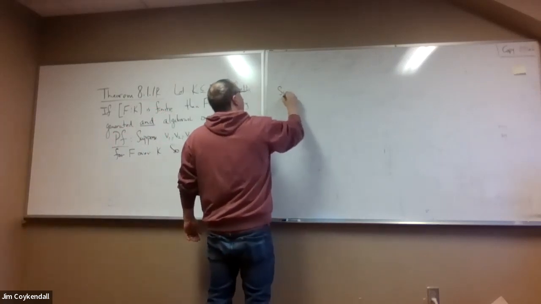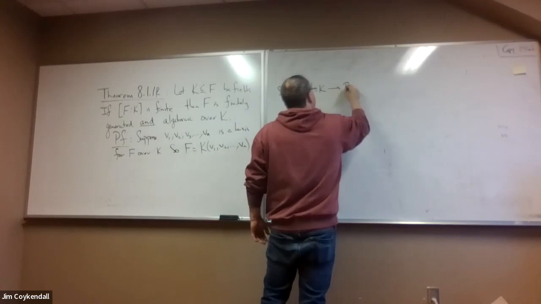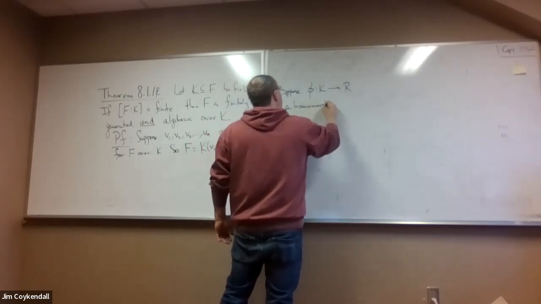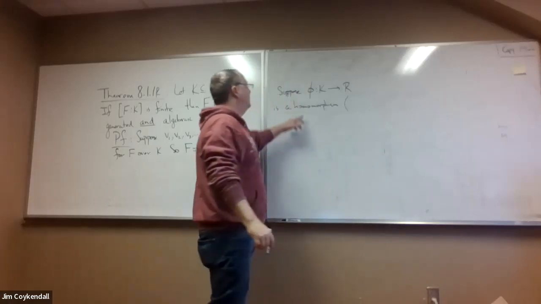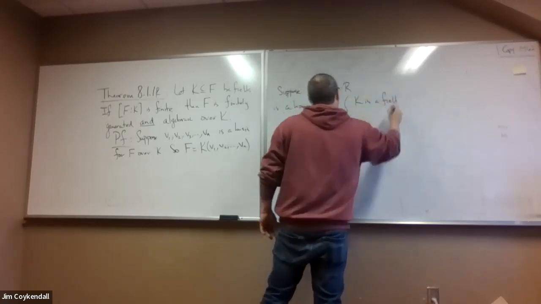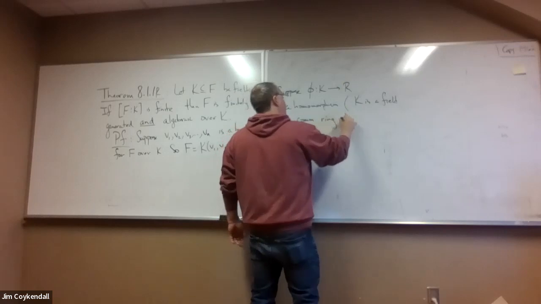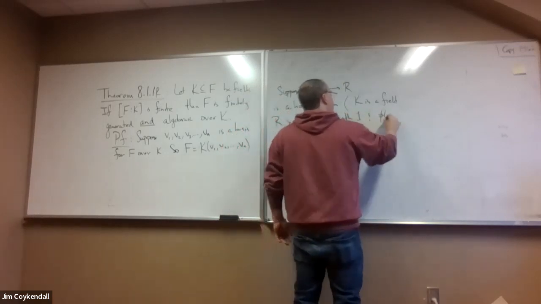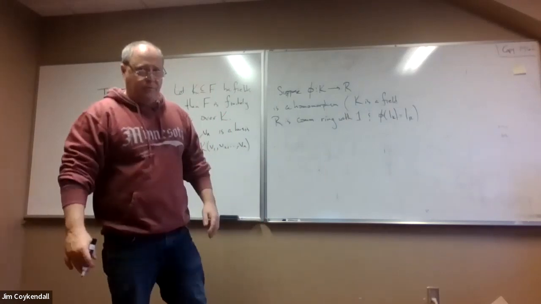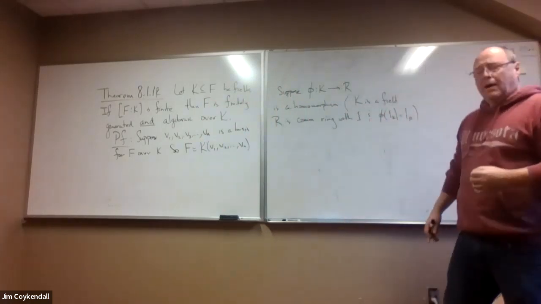Suppose I have a homomorphism phi from K to R, where K is a field and R is a commutative ring with 1, and I'm going to assume, as is usually the convention when working with commutative rings with identity, that phi takes the identity of K to the identity.